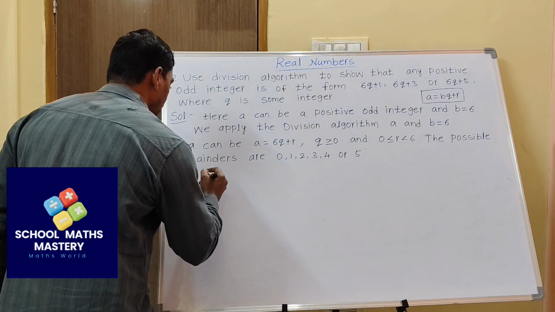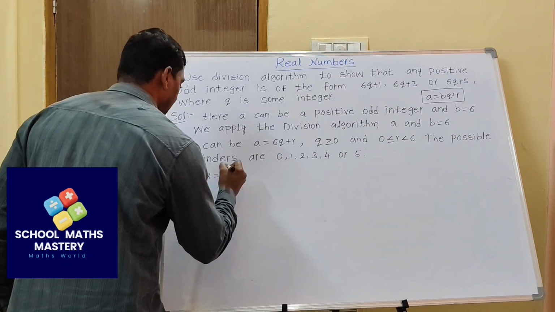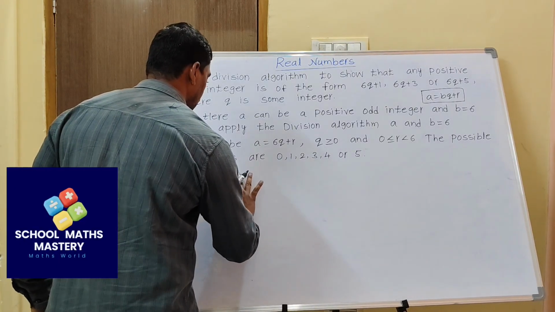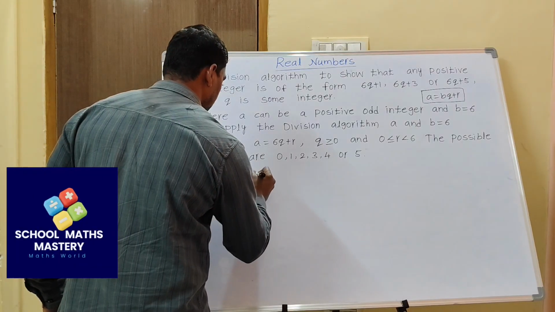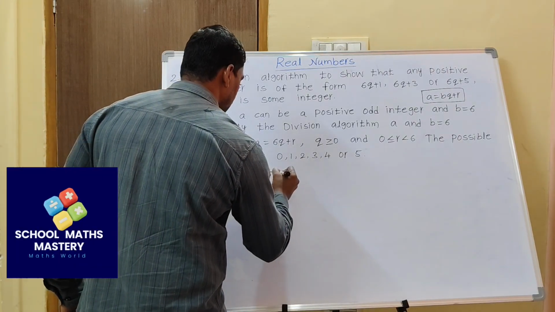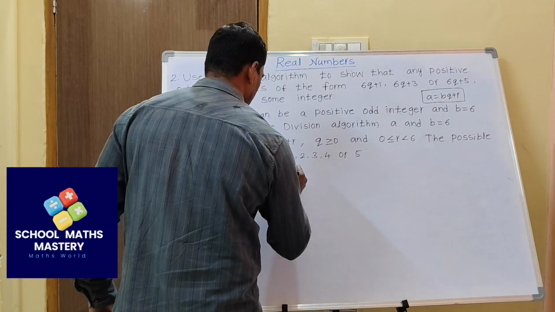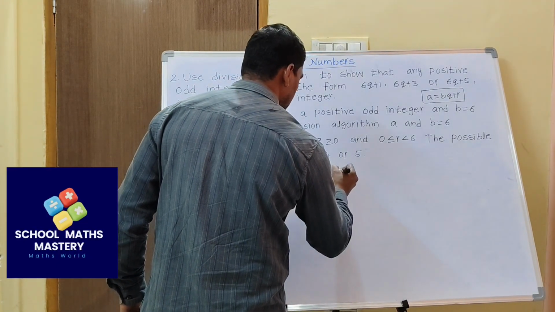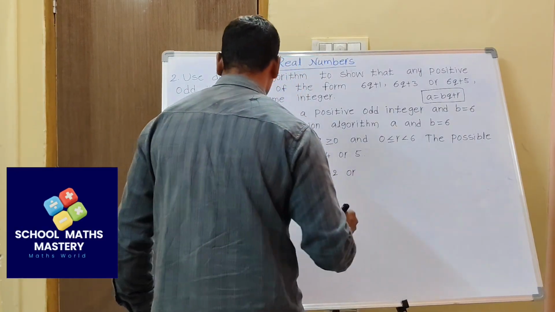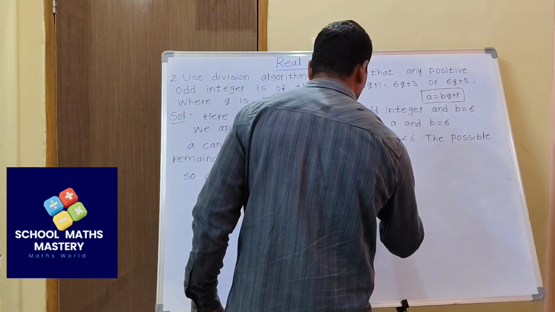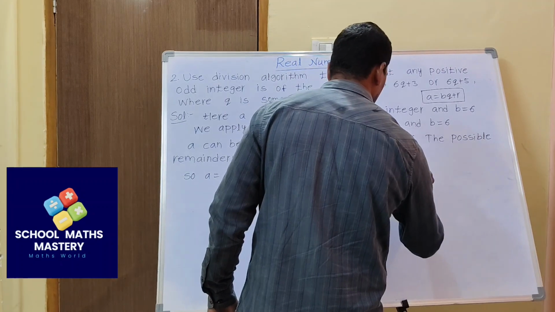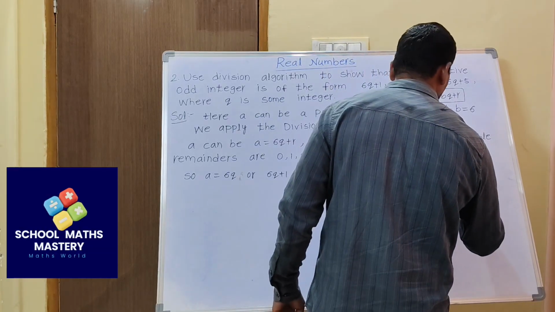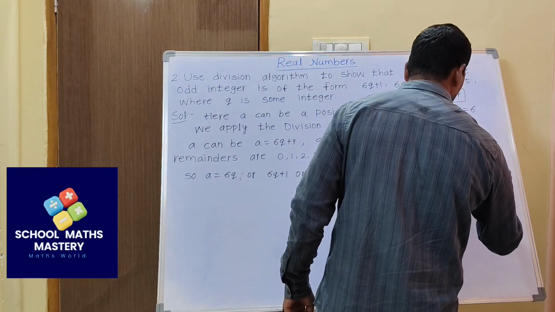So a equal 6q or 6q plus 1 or 6q plus 2 or 6q plus 3 or 6q plus 4 or 6q plus 5.